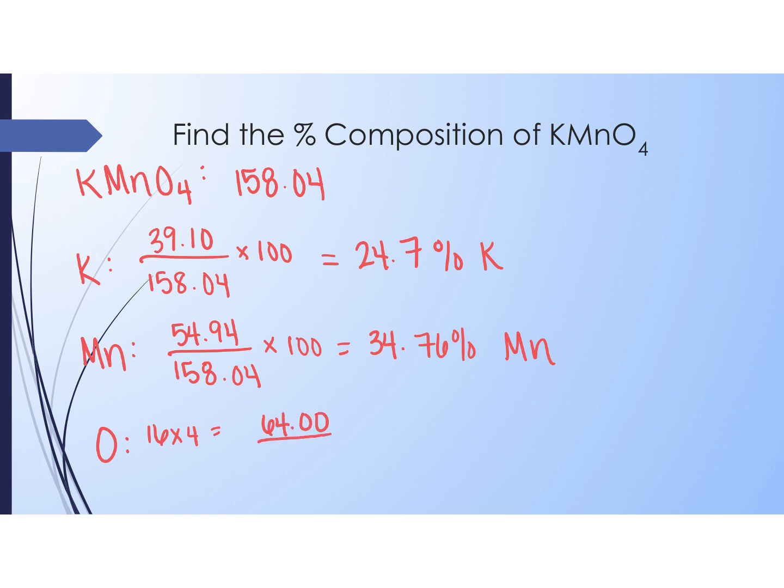Okay, so then oxygen is 64 divided by the total mass times 100. 40.49. Yep. Okay, do y'all agree? Okay, if we add them up, what should they add up to? Really close to 100, yes?